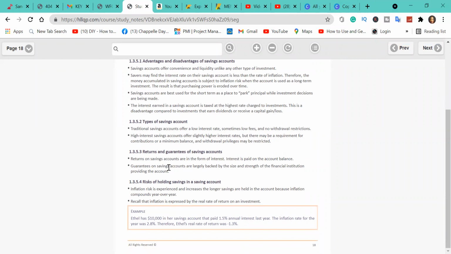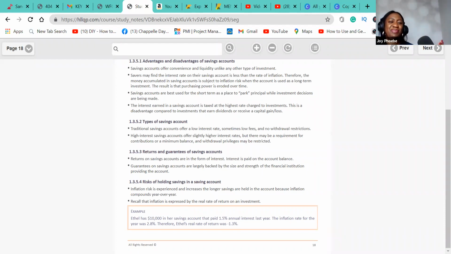Let us see. Returns on savings accounts are in the form of interest, which is paid to the account balance. Guarantees on savings accounts are largely backed by the size or strength of the financial institution providing them. Well, this is just a glorified statement, because literally there's no guarantee, right? Because if there were any guarantee, they would say so, like seg funds and annuities that are backed by Assuris. Assuris is there, and they tell us Assuris backs it up to 85%, right?